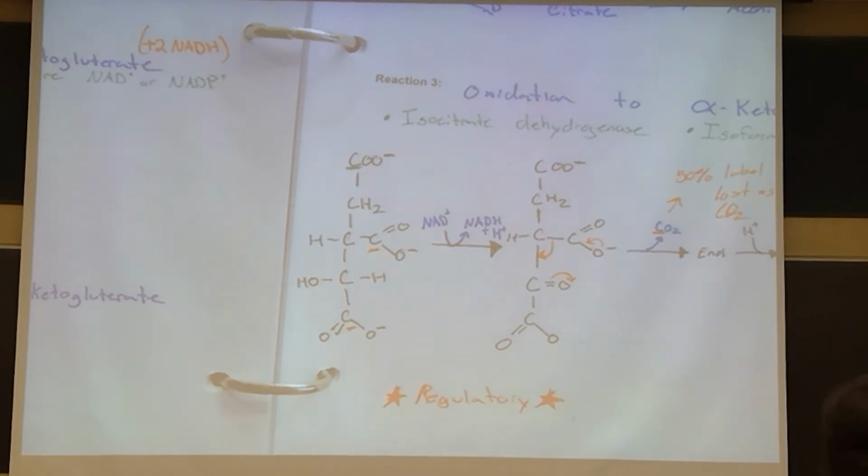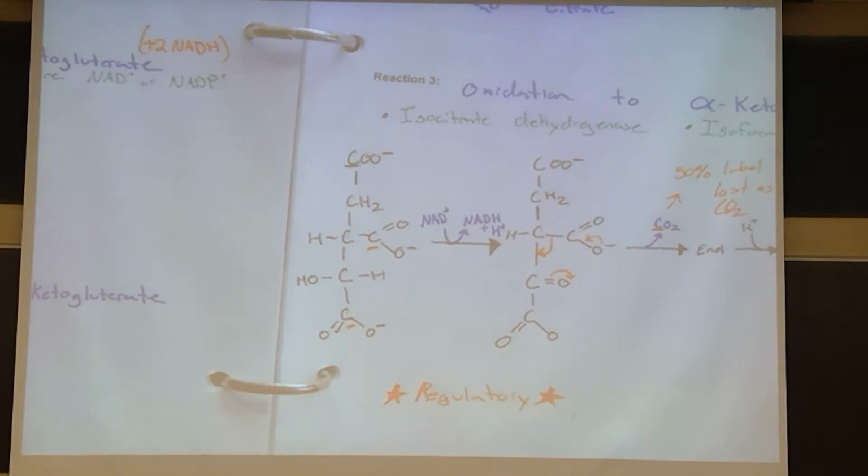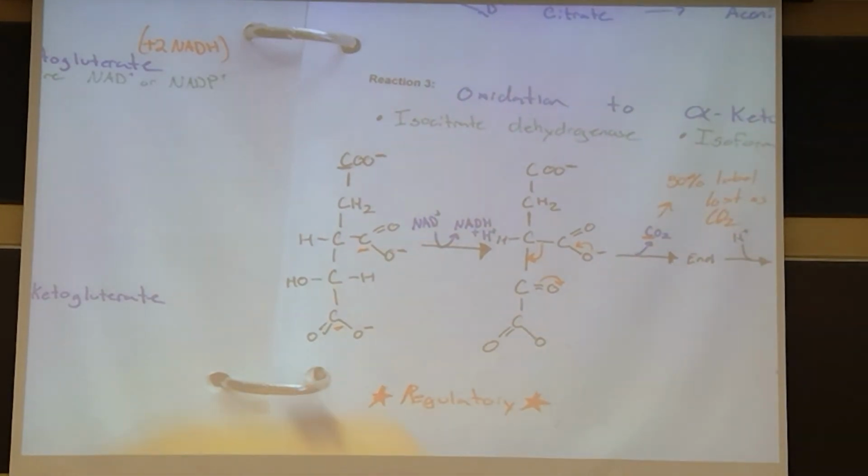Second turn, third step, half of your label is lost as CO2. I still have some radioactively labeled. Right. So I have some radioactive label. Half of that gets lost to CO2 on the second turn of the third step.